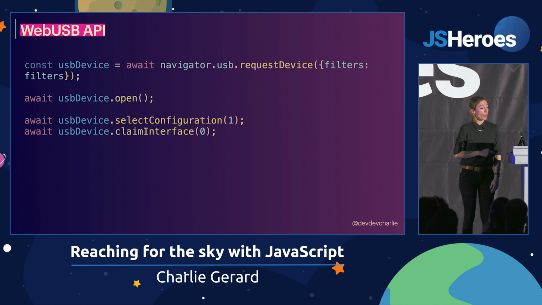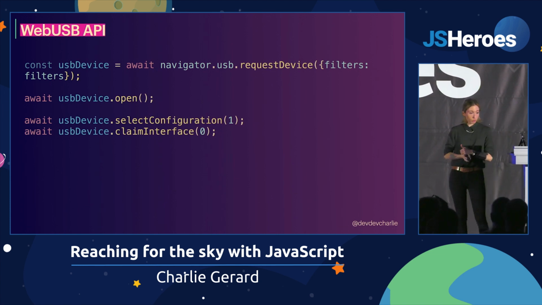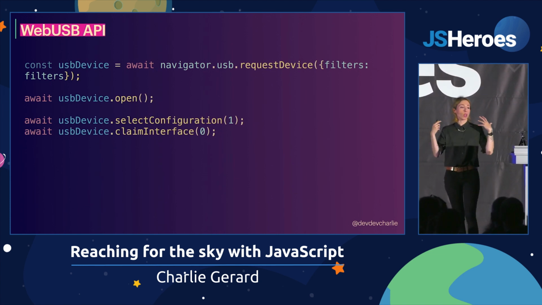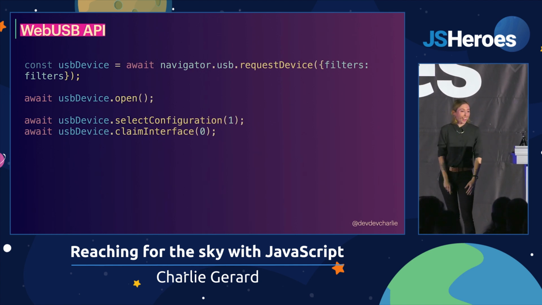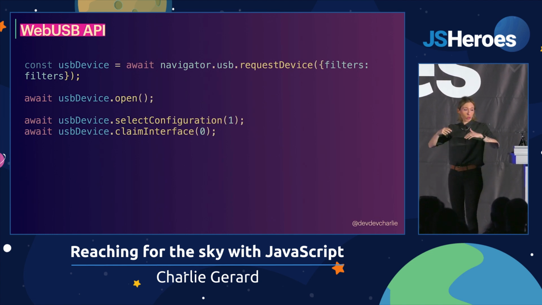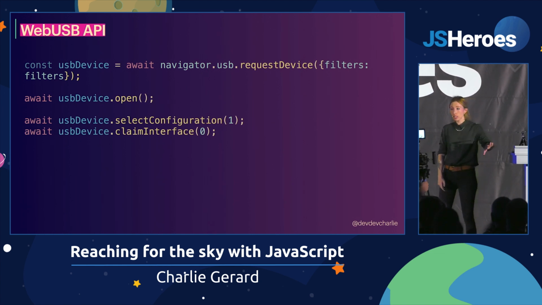The next step would be to select the configuration. And most devices only have one, but it's possible that they have more. And what that configuration does, it returns information about how the USB device is configured. So the maximum power consumption, or how the device is powered, and things like that. And then from that configuration, you start to look at how many interfaces it has. So the RTL SDR device has only one interface.